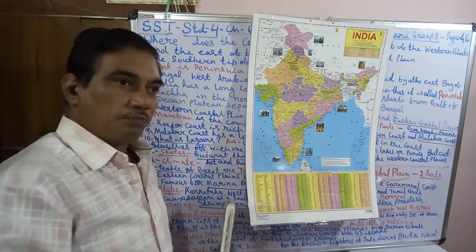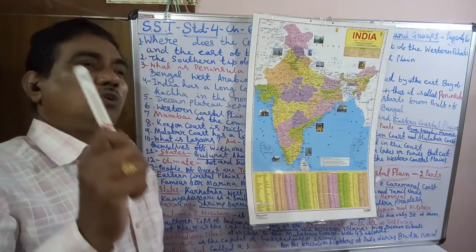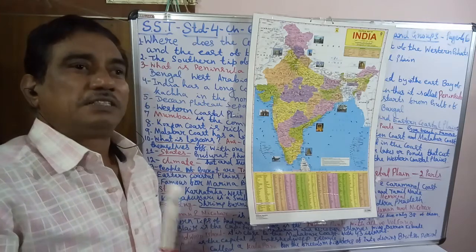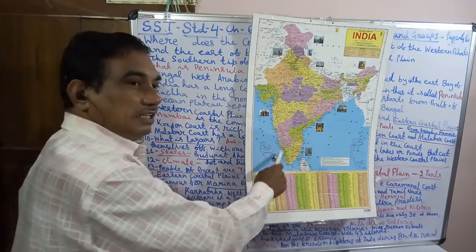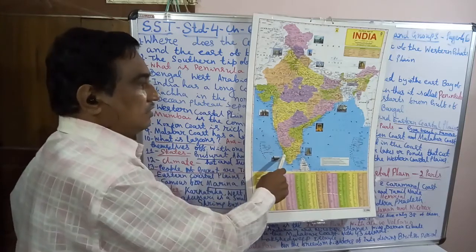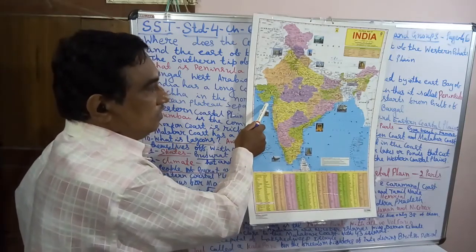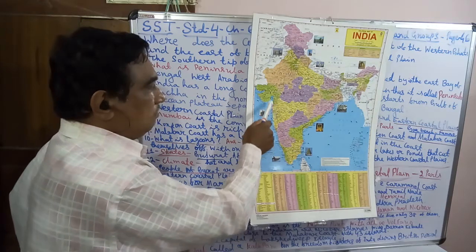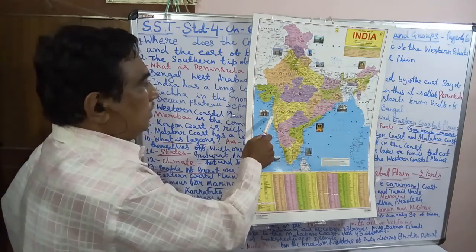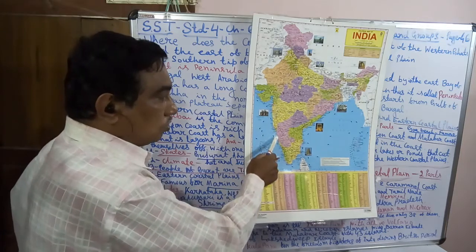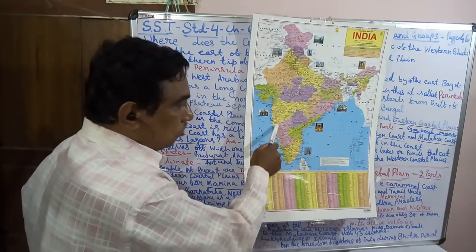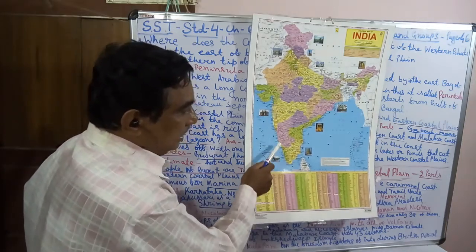Then the western coastal plains are divided into three parts. First is the Kathiawar coast. Then the Konkan coast, which is the Kannada coast. Then the Malabar coast. Three parts.